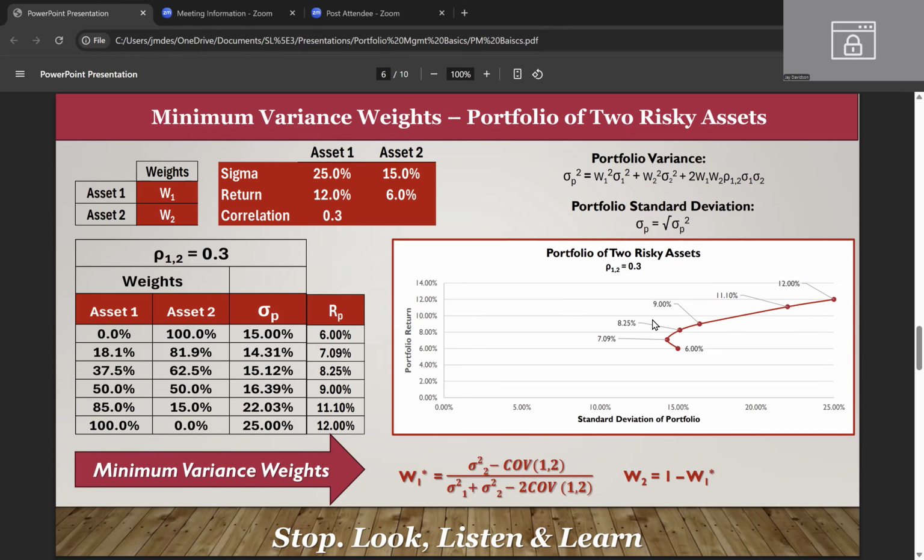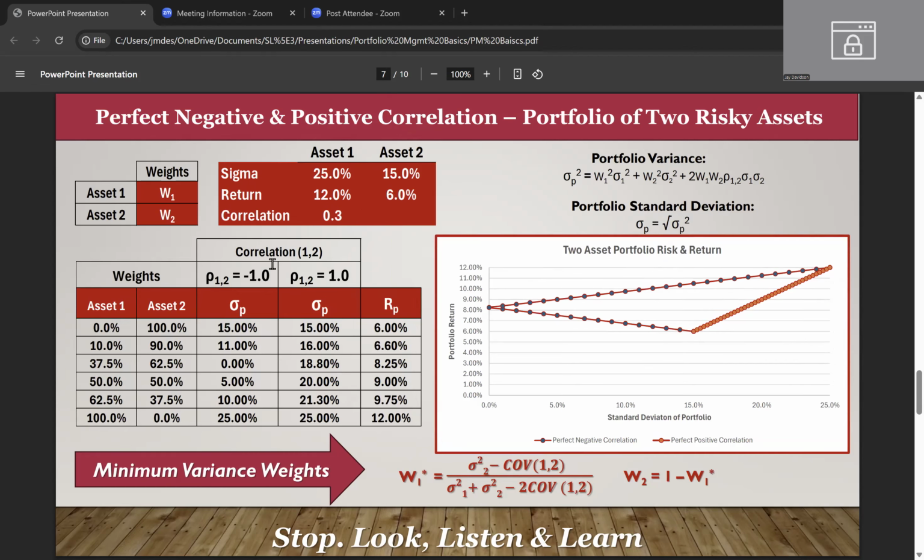And what that line looks like is going to be a function of the correlation, right? So just think it's going to be curved if the correlation between the two assets is between -1 and +1, right? Now, if the correlation is -1 or +1, then this is what you're going to get.